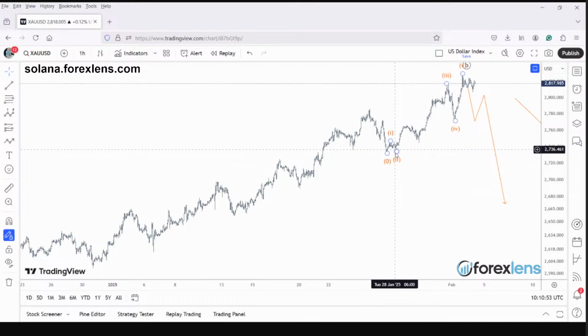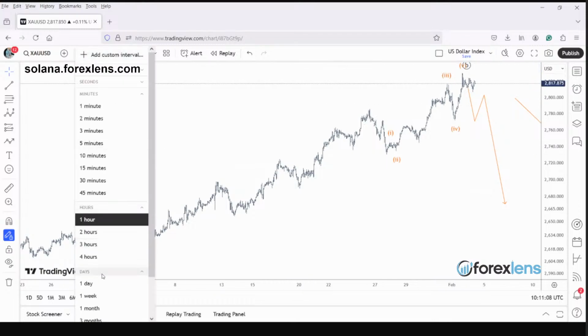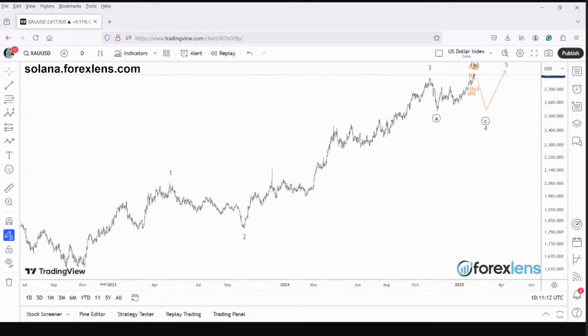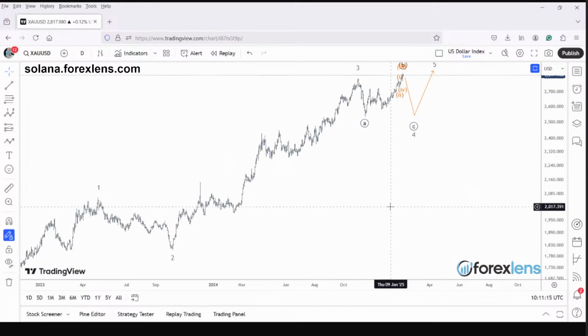So you got minute 1, 2, 3, 4, and 5. And the question now is, if the five wave of minute degree is complete, then are we ready with wave B or not? That's the question.